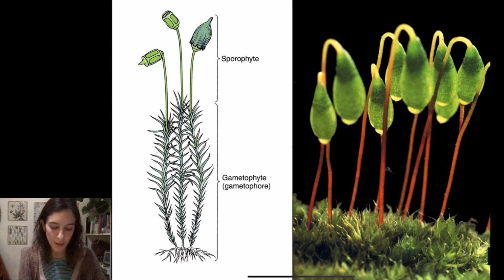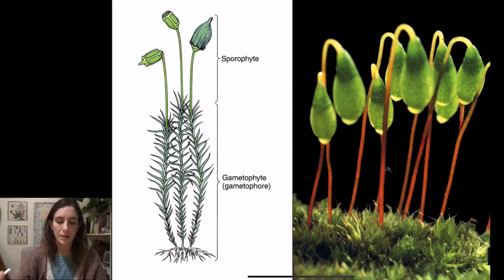Okay, so we've got a gametophyte and a sporophyte stage. Remember, we've talked about this now a couple times, what these terms mean, but remember the sporophyte? That term sporo, actually a spore doesn't imply diploid, but sporophyte implies diploid. The term sporophyte will always be a diploid structure, and the term gametophyte will always be a haploid structure. So the gametophyte will have half as many genes, if you will.